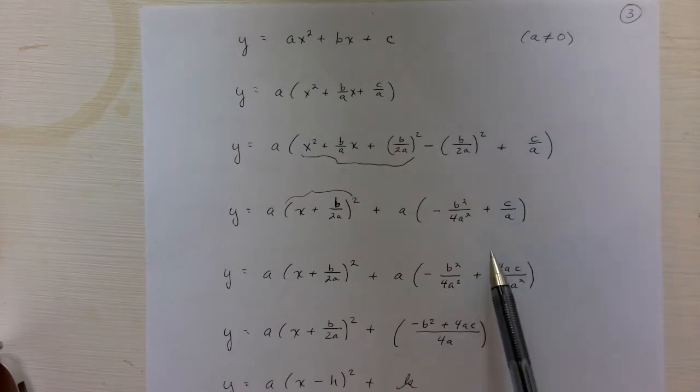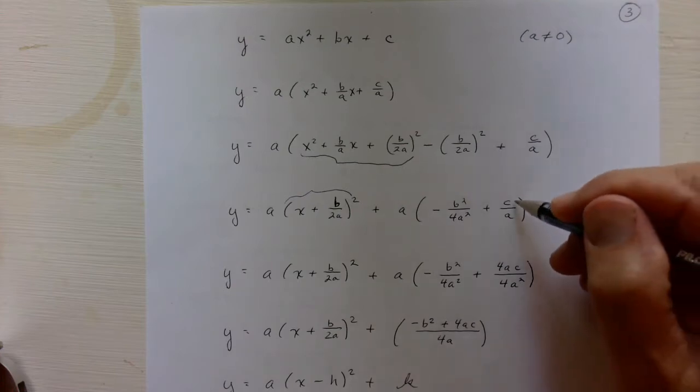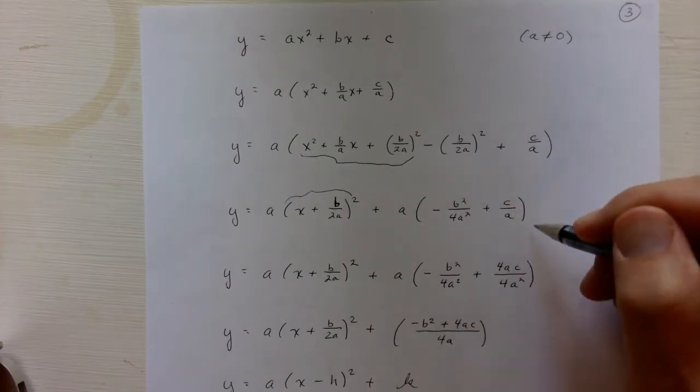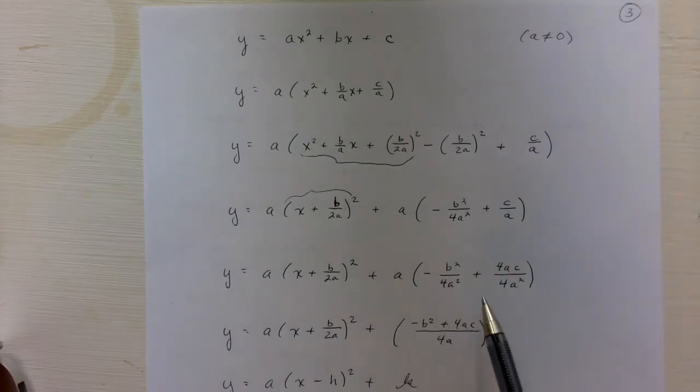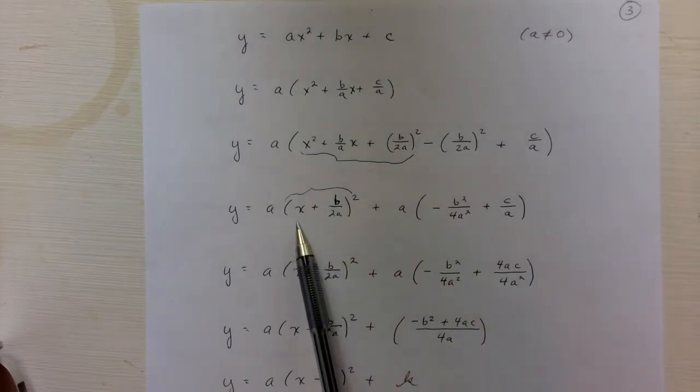We can get a common denominator by multiplying and dividing this by 4a, and we can add these terms. Then we multiply by a, and the a is going to knock out one of the a's here. So that's why we get b squared minus b squared plus 4ac over 4a. And again over here we get x plus b over 2a.